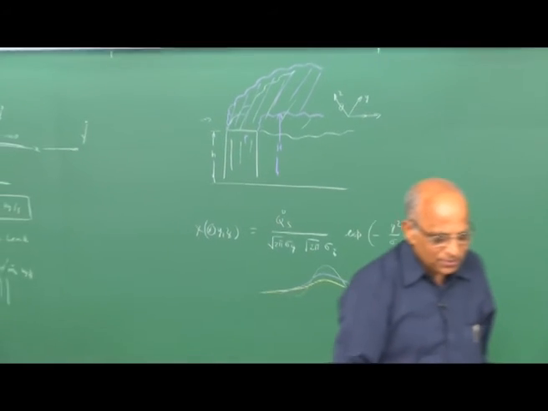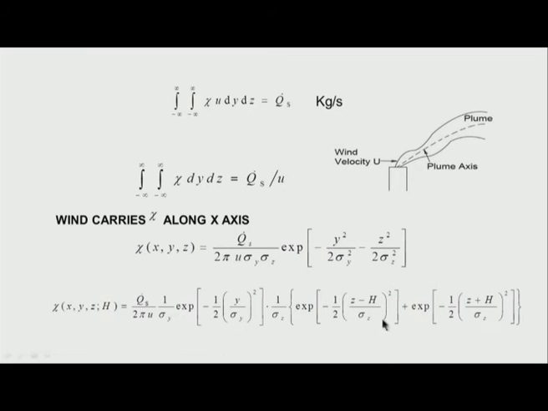But if I have an effective height, which I showed there as h, I again get, just like in the case of a puff, the one which is forward and the one which is reflected.